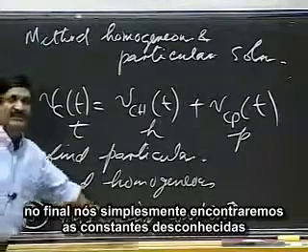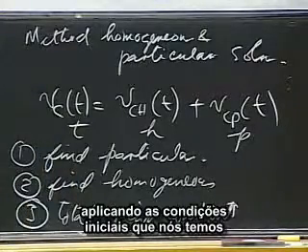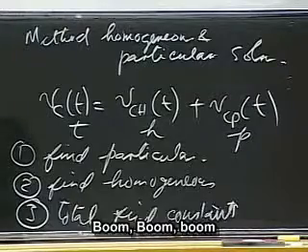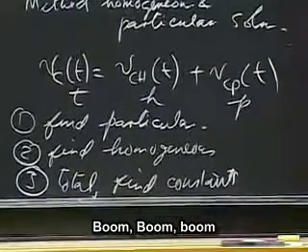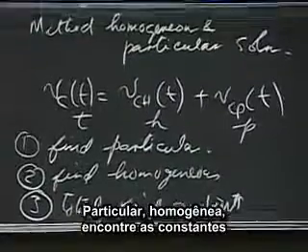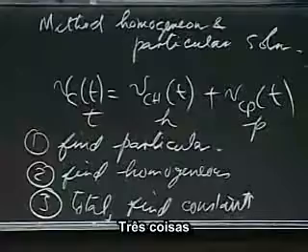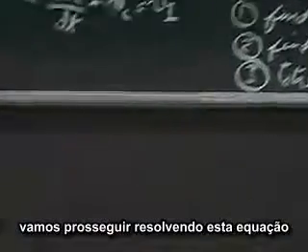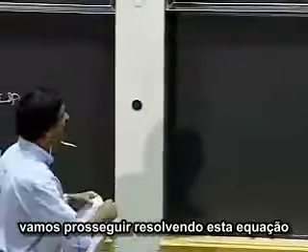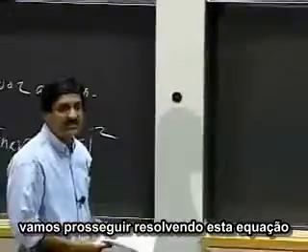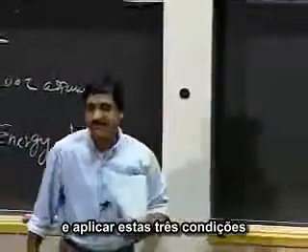And in the end, we simply find the unknown constants by applying the initial conditions that we have. Okay, boom, boom, boom. Particular, homogeneous, find constants. Three things. So let's go about solving this equation and apply those three steps.